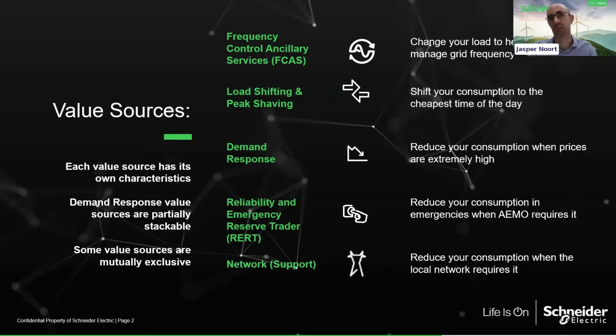So if you've already committed that demand response capability, you can't then use it again. On the other hand, you can combine a load shifting program with a demand response program, where a daily program of load shifting can be overlaid with a response to high prices.